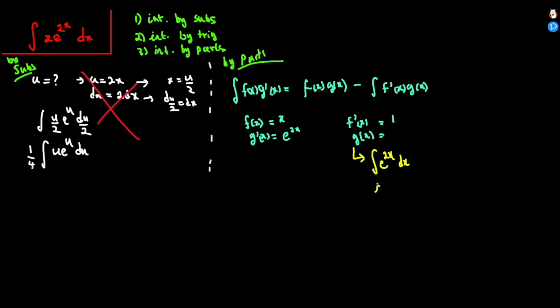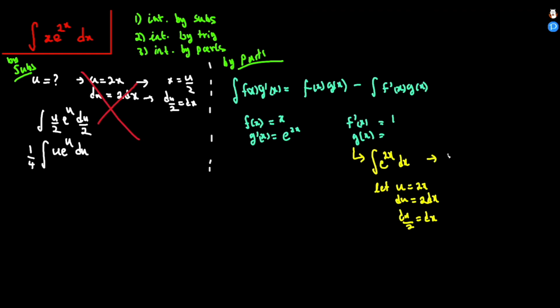Because if we let u equal 2x, then du equals 2 dx, right? This is du by dx, we multiply both sides by dx, we get this side. Okay, and du over 2 equals dx, and we have all the components we need to substitute this in.